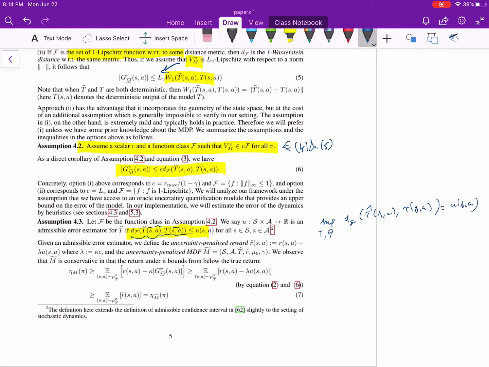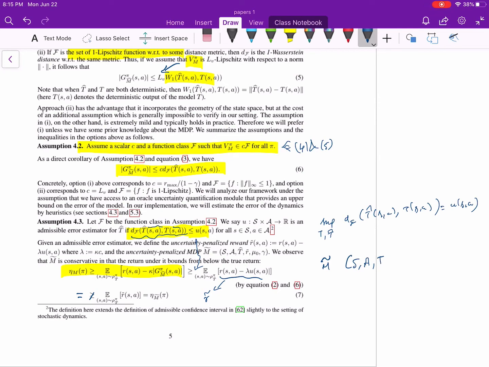So let's go forward. This is from the previous lemma, and this is from this observation here. This one you can treat as r tilde. So this is an equality. Now we get what the penalized MDP is after all. The penalized MDP M tilde is the tuple S, A, T, is it T hat?